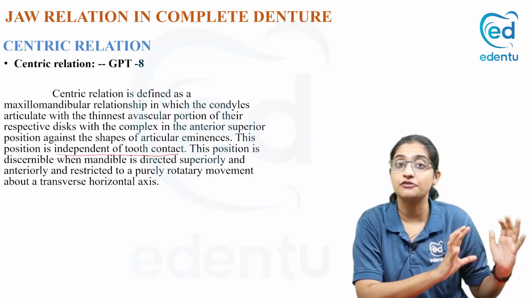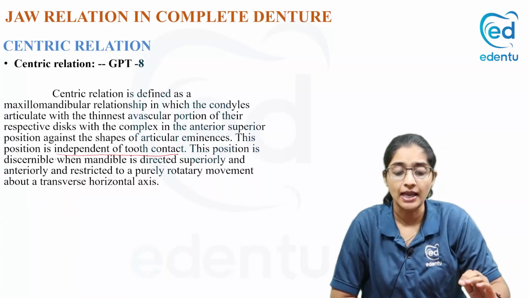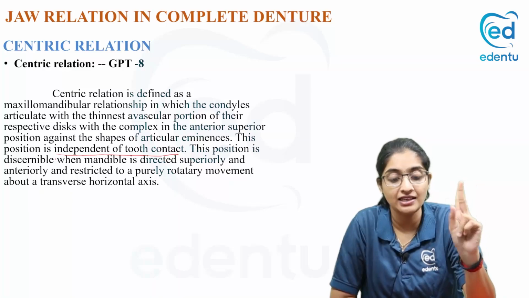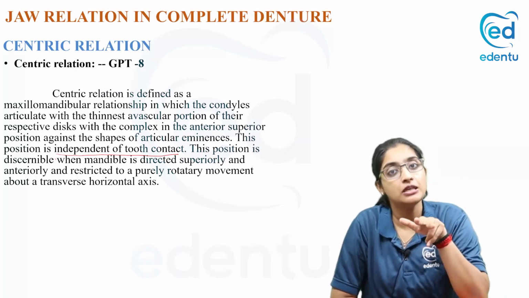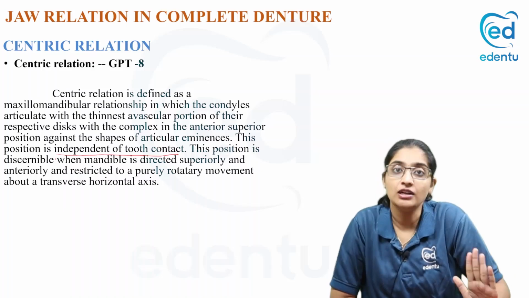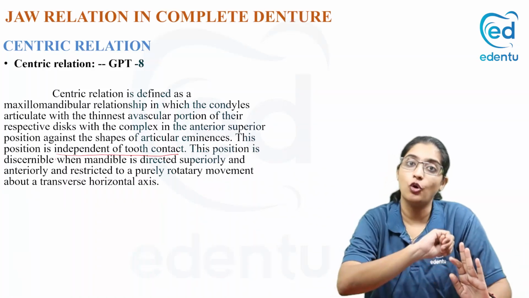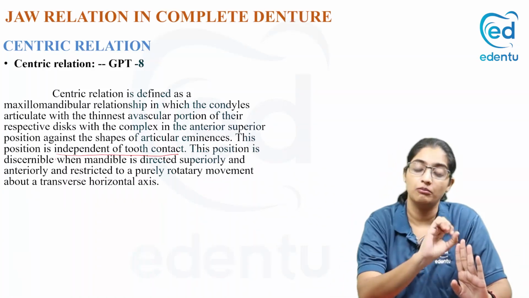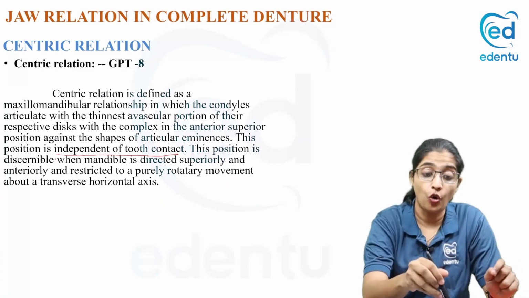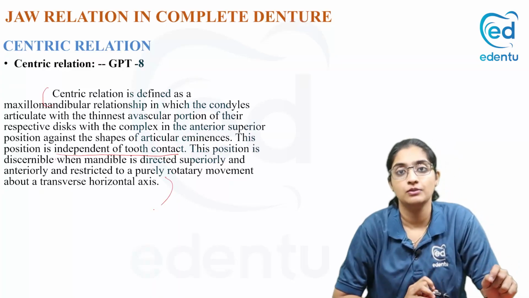That is the centric relation position. This position is completely independent of tooth position, and it is discernible when the mandible is directed anteriorly and superiorly. And in this position, you have only purely rotational movement, no translation.